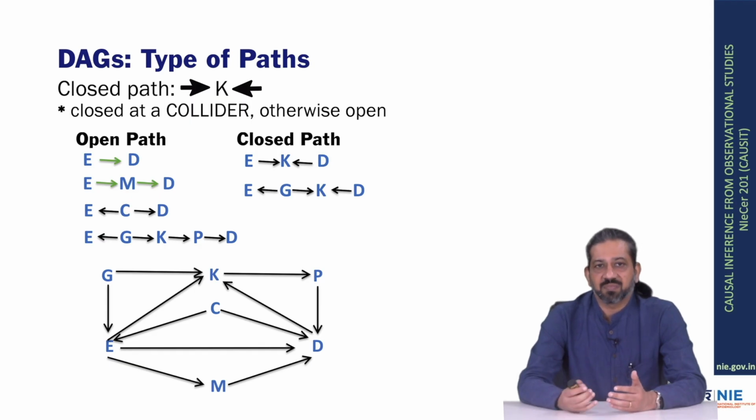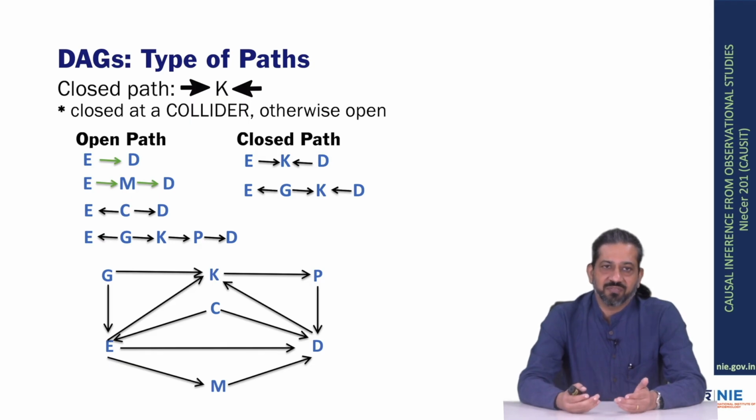Among the non-causal paths, ECD is an open non-causal path, again because there is no collider on this path. And EGKPD is also an open but non-causal path because there is no collider on this path. We have two paths, EKD and EGKD, where K is a collider, and hence both of these paths are closed.